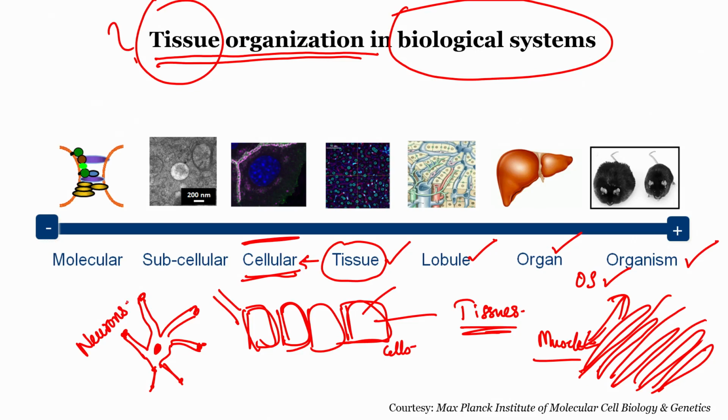The cells do not necessarily have one particular shape, the shape is dictated by function. There is an important dogma in biology called form dictates function. The form of the neuron dictates its function, which is to transmit electrical signals for brain function.